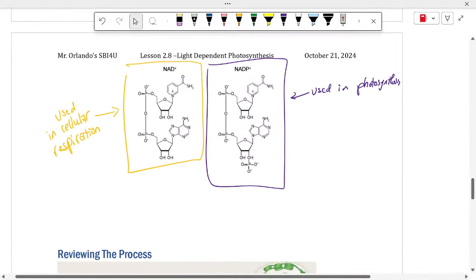The only note I'm going to make is that it makes sense that these are similar.